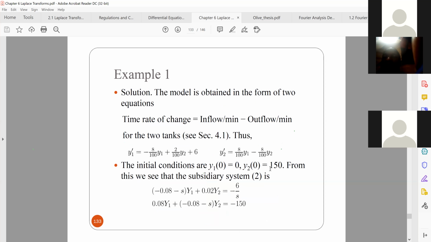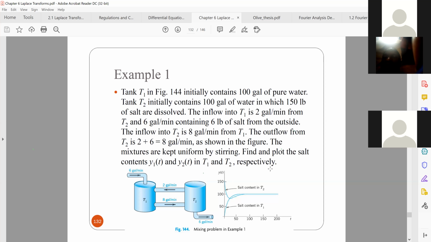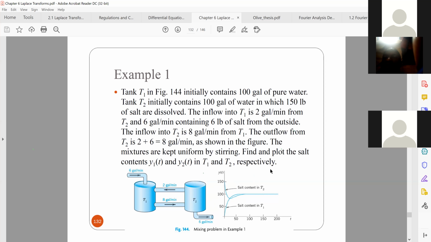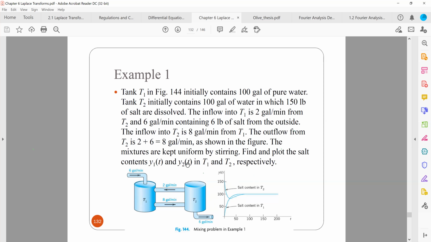Okay. So from what we have been given, these details given, we could form 2 equations for the rate of change of the content of tanks T1 and T2. Denote the contents of tank 1 as Y1(t), and for tank 2 as Y2(t).